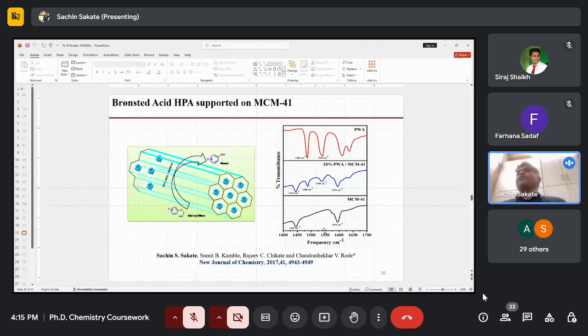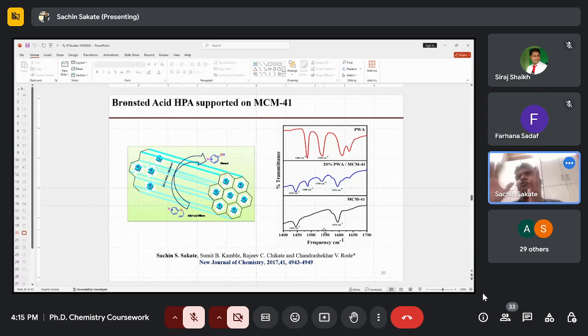What I can conclude from my catalyst preparation is that I have retained the Bronsted acidity, I have retained the Lewis acidity, I have maintained my catalyst at moderate Bronsted acidity, and I have proved that my catalyst has Lewis acidity and also Bronsted acidity.